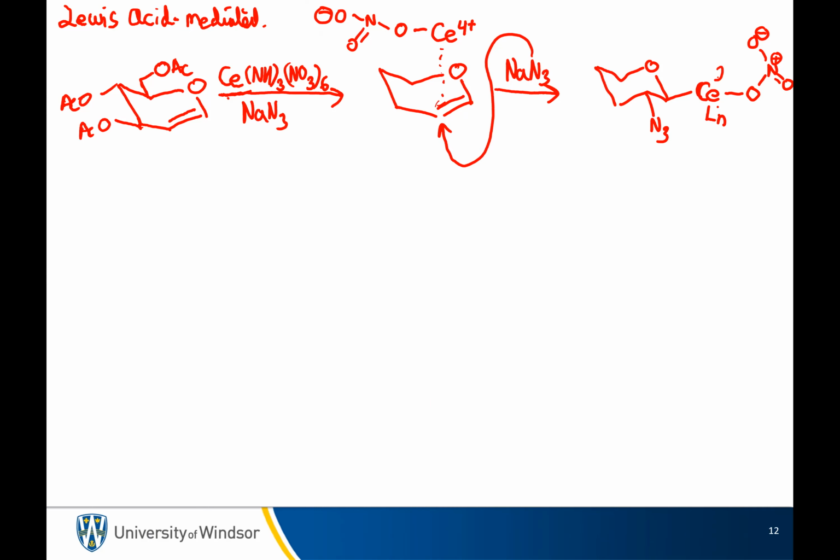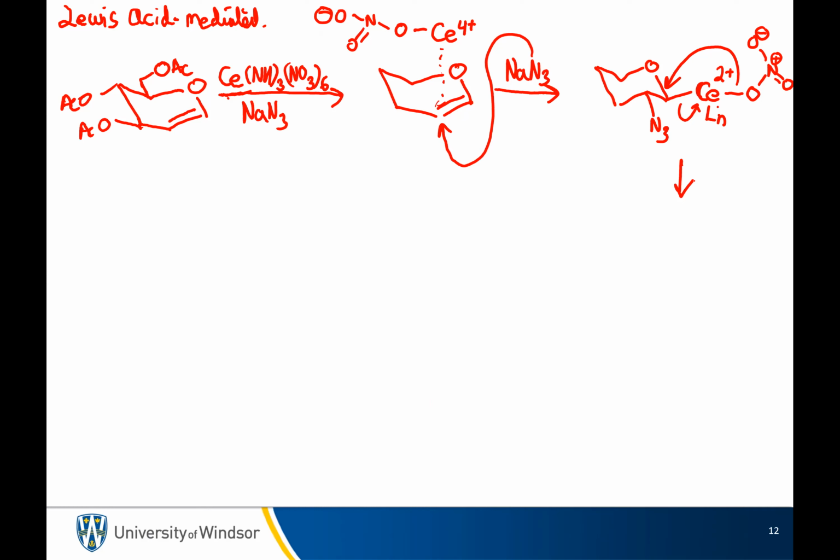And I think at this point, the cerium is normally about 2 plus, but it could be 3 plus. It's anywhere between 2 plus and 4 plus. Doesn't really matter. The cerium's a complicated mess. But what we end up doing either way is swapping the nitro group for the cerium. So we basically have a reverse insertion.